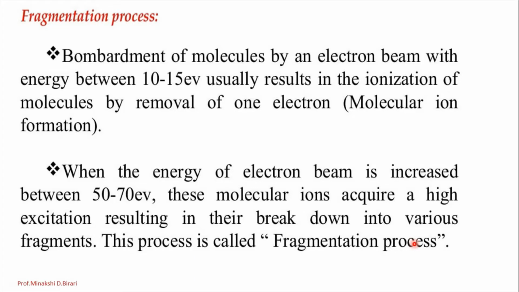As I explained in the previous lecture, the molecular ion or parent ion is formed by the loss of a single electron at the lowest ionization potential from a molecule. That means whenever a molecule is bombarded by an electron beam with energy between 10 to 15 electron volt, it results in the ionization of the molecule by removal of one electron, and there is the formation of the molecular ion, also called the parent ion. When the energy of the electron beam is increased to between 50 to 70 electron volt, these molecular ions acquire a higher excitation.